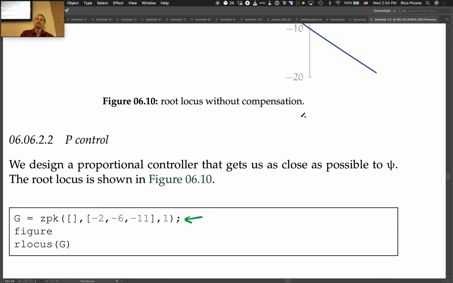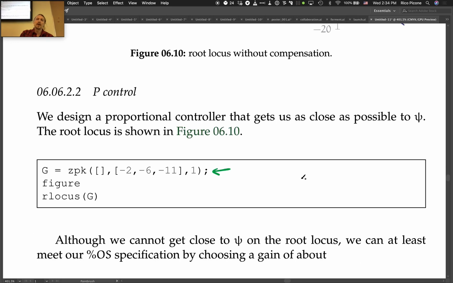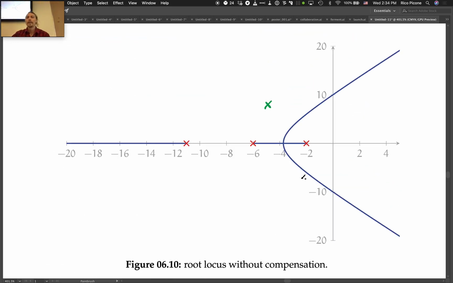All right. So we're going to do the best we can with P control. What I decided to do here is say, okay, let's just adjust the gain so that we at least meet our spec of the percent overshoot, which is going to be 15% overshoot along this line. So I can at least meet that with proportional control, but I can't meet the settling time spec.